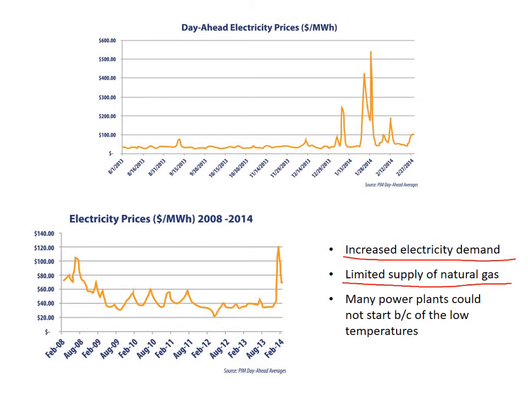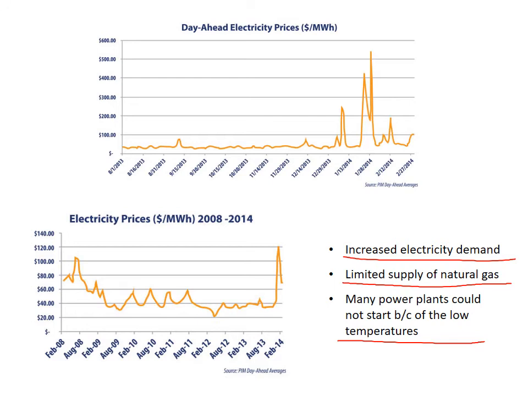So people that use natural gas and even oil heating dramatically increase their demand over a relatively short period of time as well. So you have now competition over natural gas from the power sector and the heating sector. And then the last part of this is that it got so cold that a lot of these power plants that were offline, that they had to turn on relatively quickly to meet this increase in electricity demand, physically couldn't start, right?